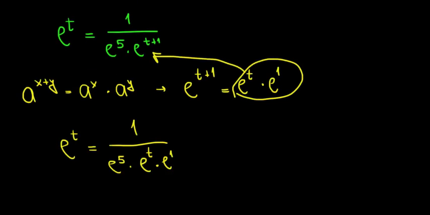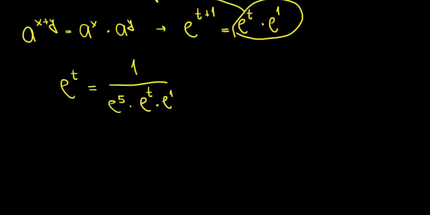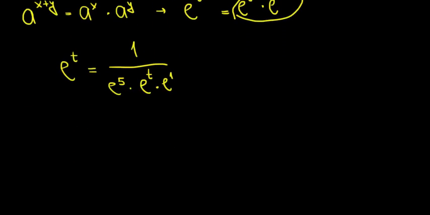Okay, now we have e to the power 5 times e to the power 1. We have the same base, different powers. Again, we could use our formula: same base, different powers, it means we add the powers up, so that's equal to e to the power of 6.